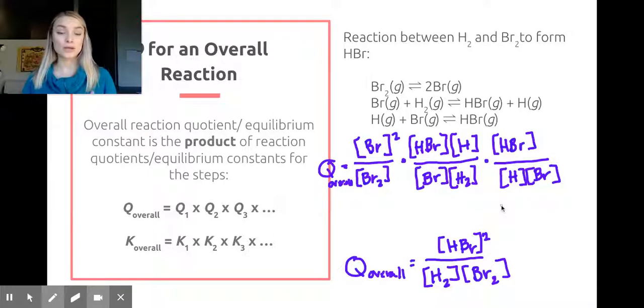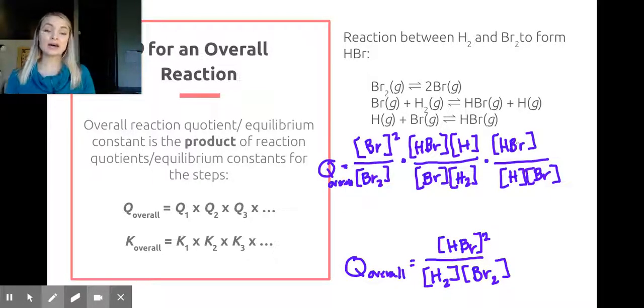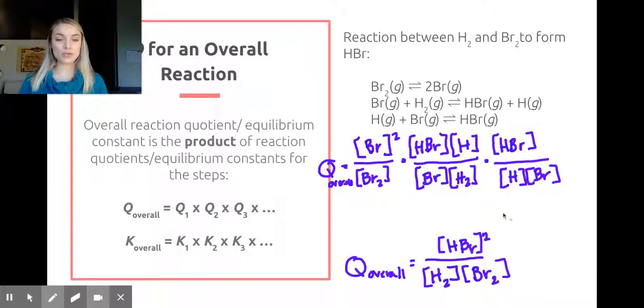Okay, so when I write out each of the reaction quotients for each step, Q1, Q2, Q3, this is what my formula looks like overall. So again, now I need to cancel things out that are dividends or divisors. And then I need to compare to see if I do, in fact, reach my Q overall, my ratio of products to reactants, as we determined in our very first step where we added all of these together.